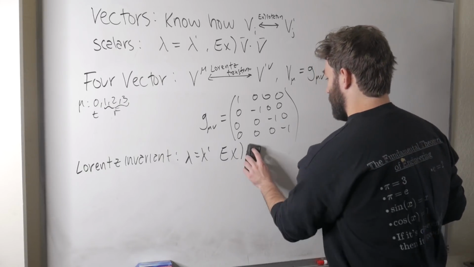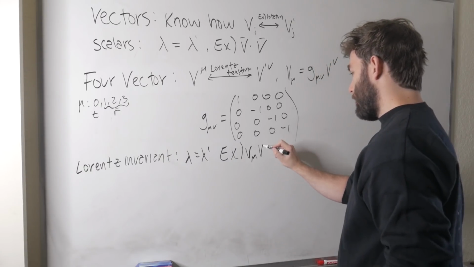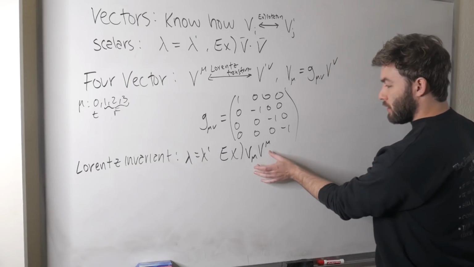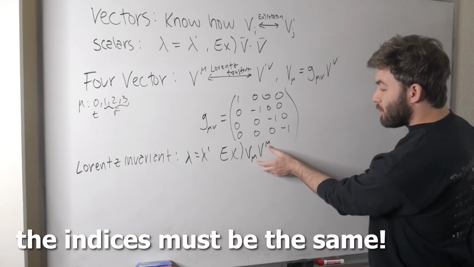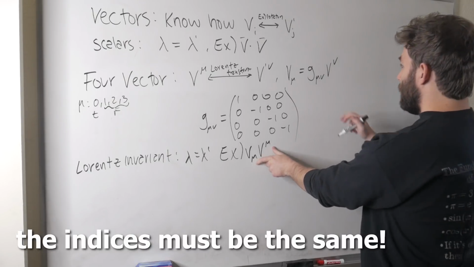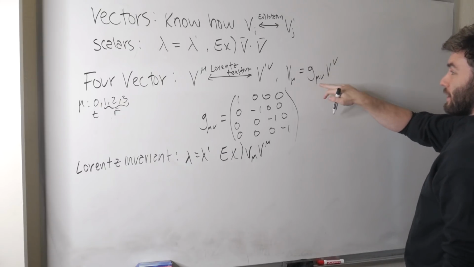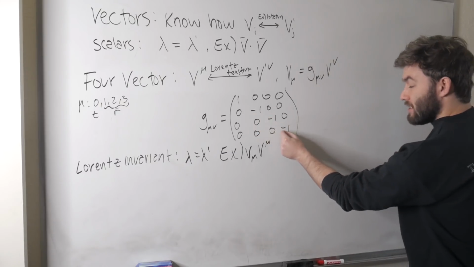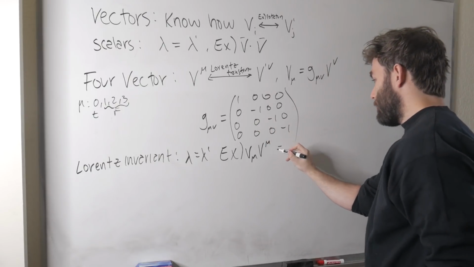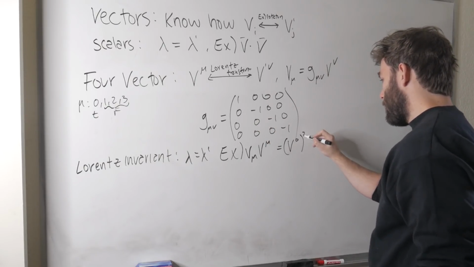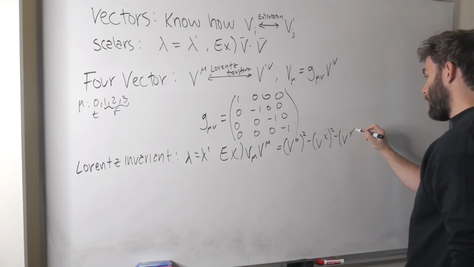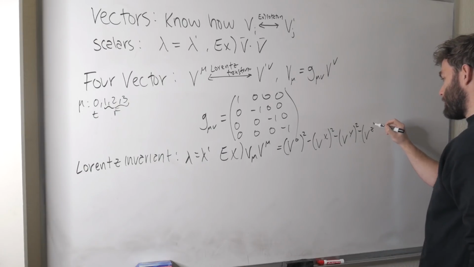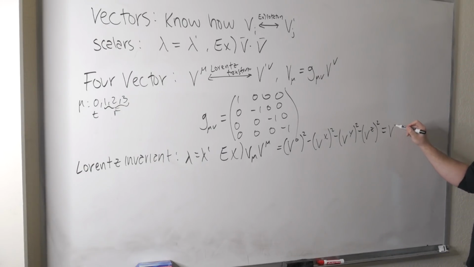So let's call it v_μ v^μ. This is how we denote the dot product of 4-vectors, one with an upper index, one with a lower. Since we have this lower index here, all of the spatial components of the upper index are going to be multiplied by -1, which is why this would be v_0 squared minus v_x squared minus v_y squared minus v_z squared, which is also just equal to v_0 squared minus |v| squared.